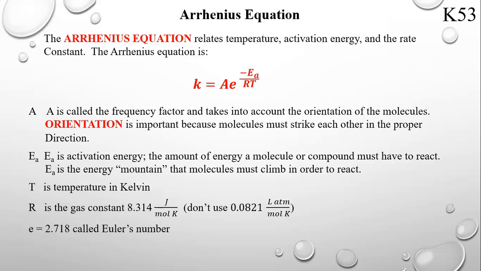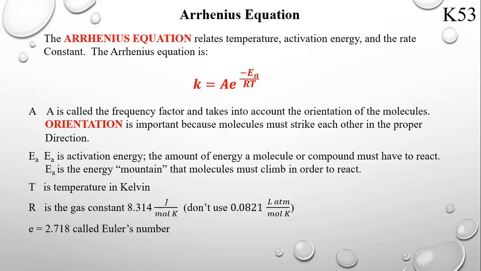R is the gas constant, but it's not the 0.0821 liter atmosphere over moles Kelvin that we use with PV equals nRT. It's a different one, and I could show you how you derive the joules over mole Kelvin from liter atmosphere over mole Kelvin, but it's not worth the time. Just understand it's a different way to represent the gas constant.